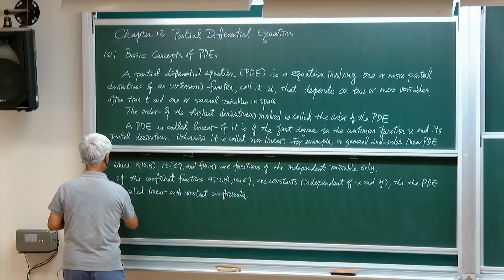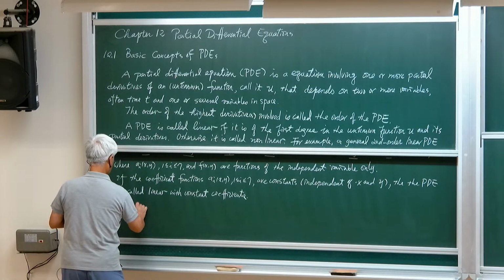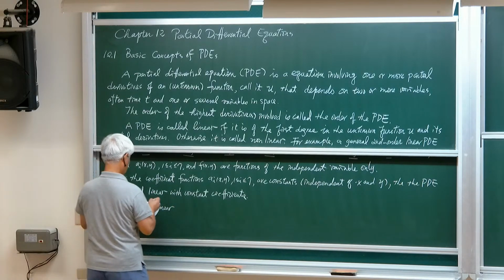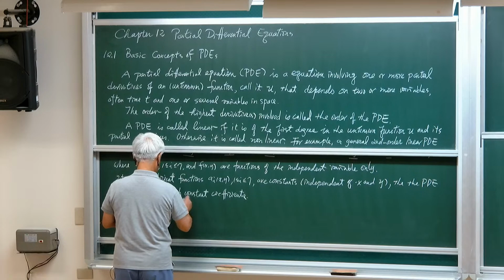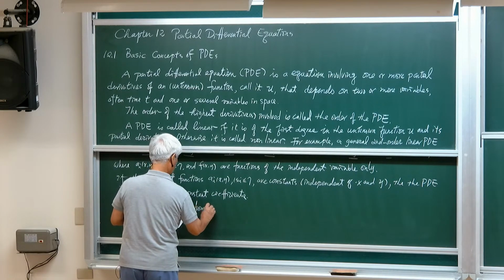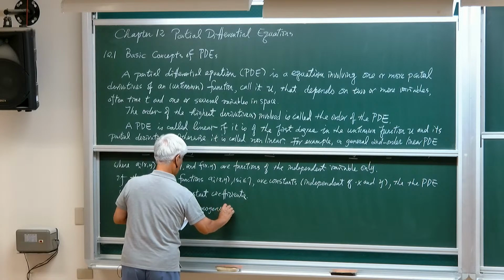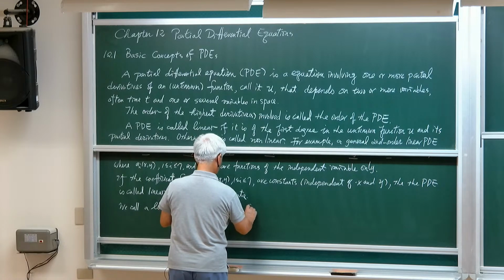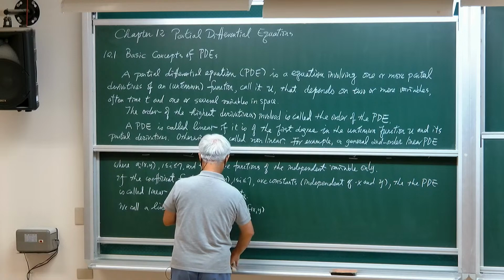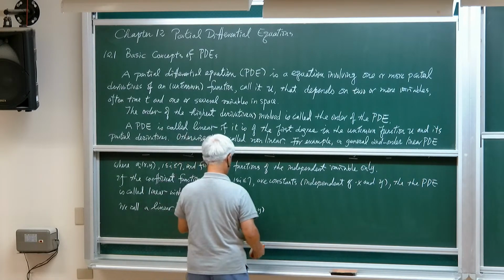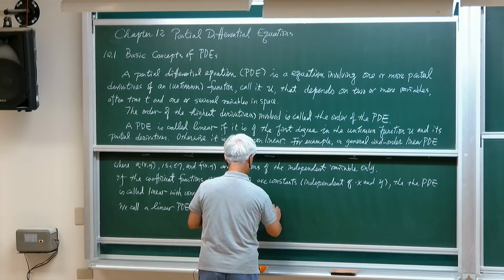Okay, and we call a linear PDE homogeneous if f(x,y) is equal to 0.